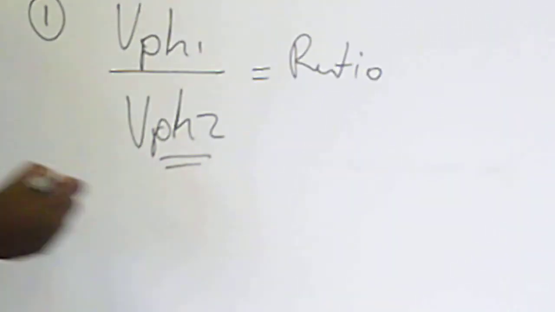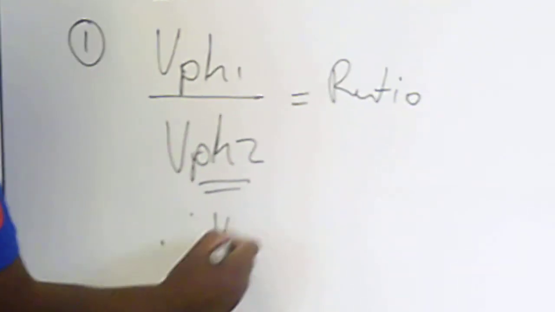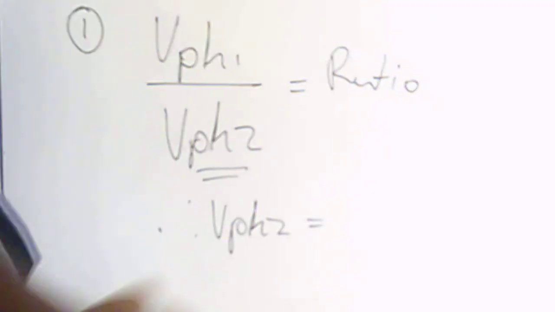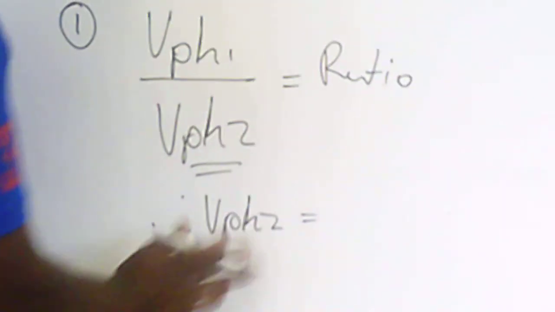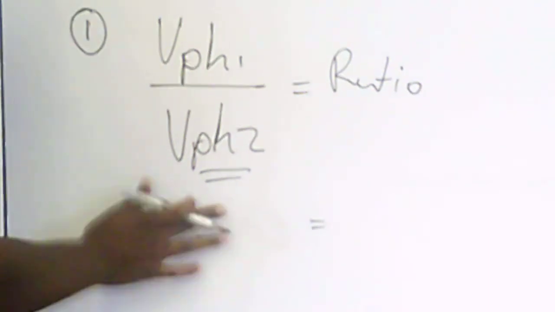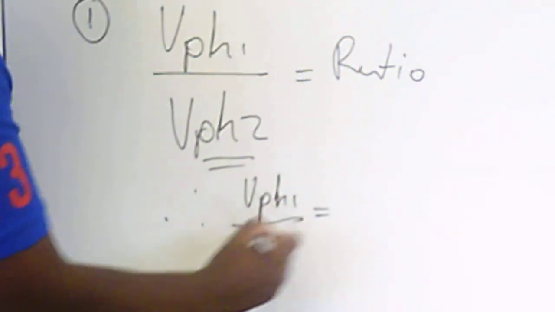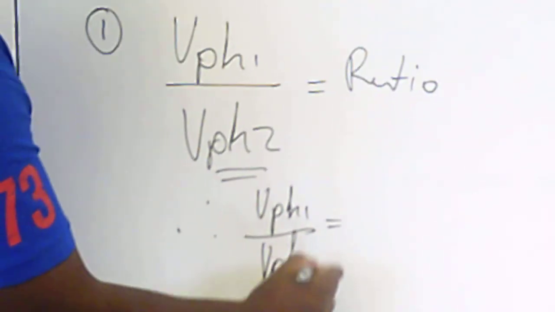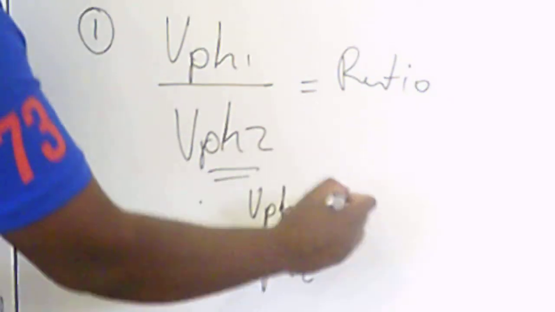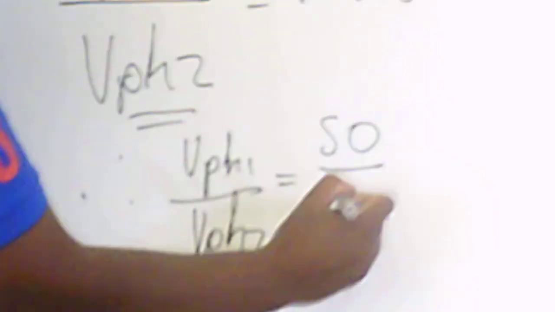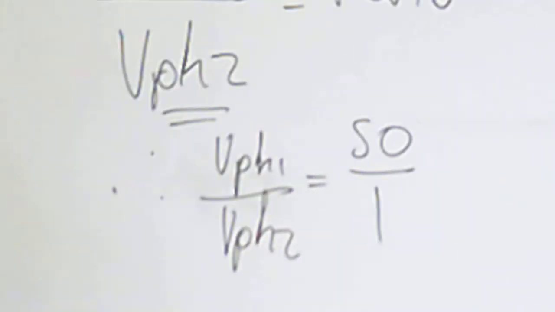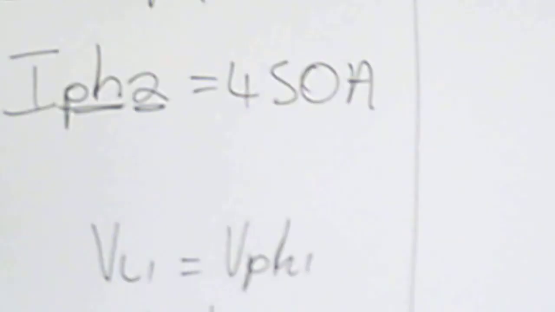So, therefore, V phase 2 is equal to, before we do that, I want us to go through step by step. So we are going to say V phase 1 over V phase 2 is equal to the ratio, which is 50 over 1. So what we need to do is a cross multiplication in order to get our V phase 2.